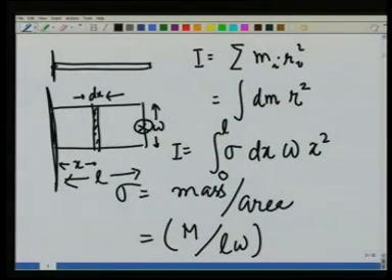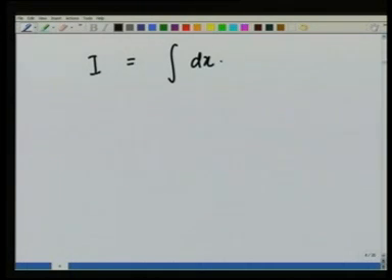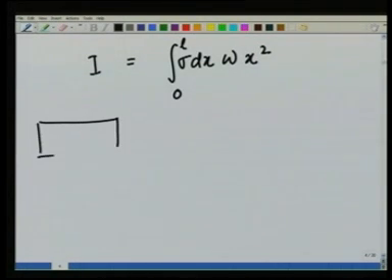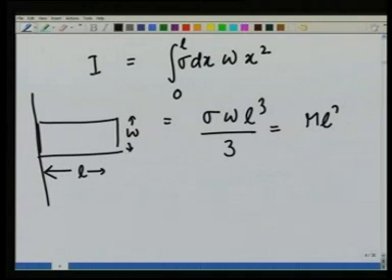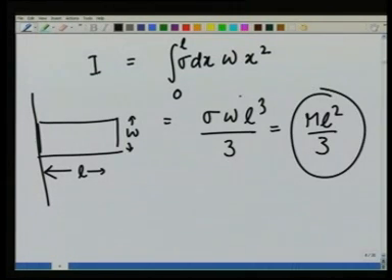The integration is going to be from x equal to 0 to x equal to L. So, let us do that, and when we do that, I get I is equal to the integral of dx sigma W x square from 0 to L, where I am talking about this rectangle rotating about one of its sides, length L, width W. So, this comes out to be sigma W L cube over 3, and sigma W L is nothing but the mass. So, m L square over 3, a result that you are well familiar with.